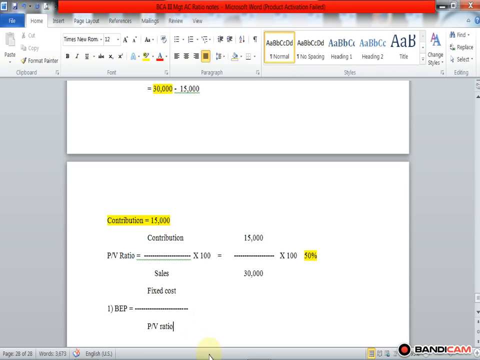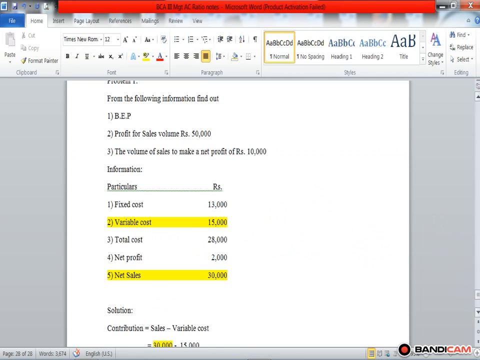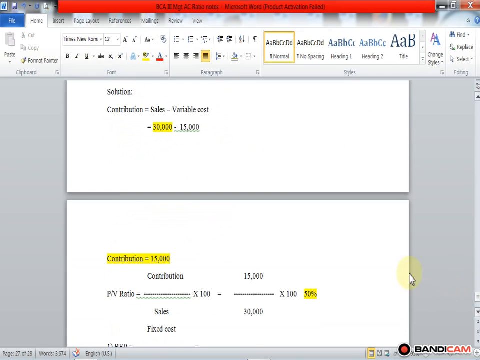This formula was discussed in our previous lecture. So put the values in the formula. Fixed cost is given in your problem, so put this fixed cost in the formula. We get the BEP, the break-even point.